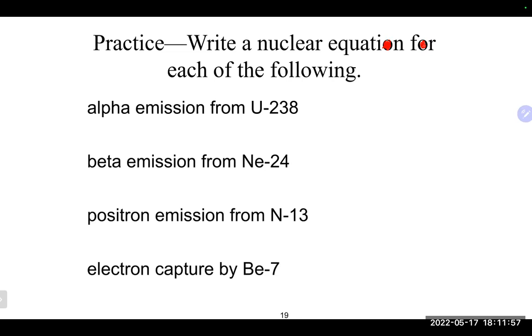So we'll start with the first one. That's uranium-238. Uranium, again, the 238 being our mass number, which would go top left. We could go to the periodic table and find the atomic number, which looks like 92. Alpha emission, once again, means our alpha particle will find itself over here on the product side. Looking at our atomic number on the bottom, I got 92 on the left and 2 on the right, which means my missing atomic number should be 90.